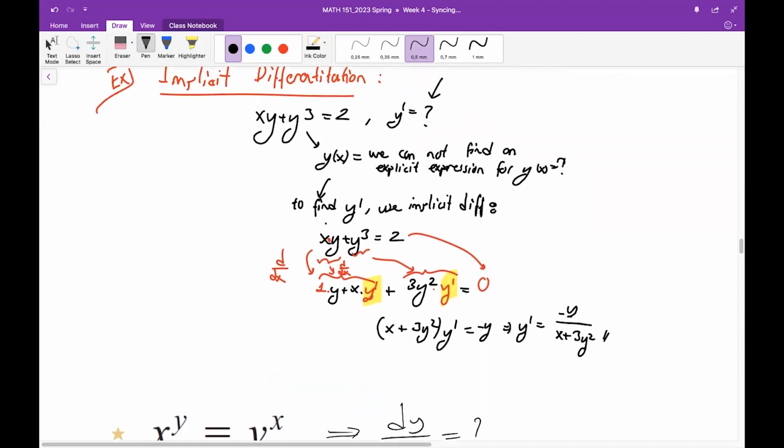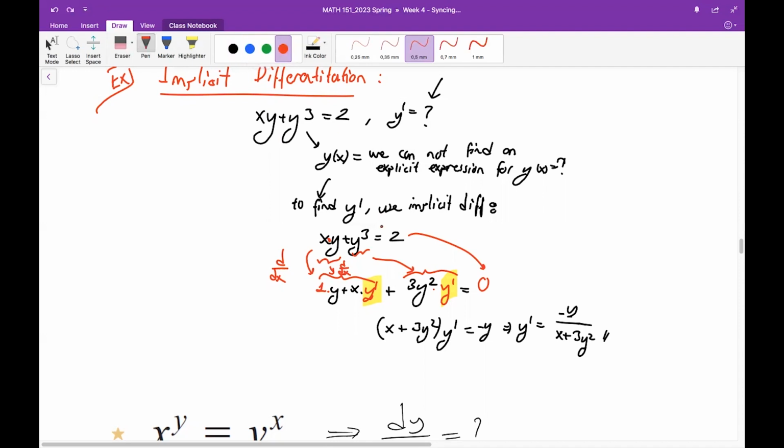And let's try to understand the core of this example. Our equation is given implicitly, where we cannot find an explicit formula for the function y, but still we can find the first derivative of it. How? By using implicit differentiation. If your equation is implicit, you will directly start taking derivative of both sides, okay?